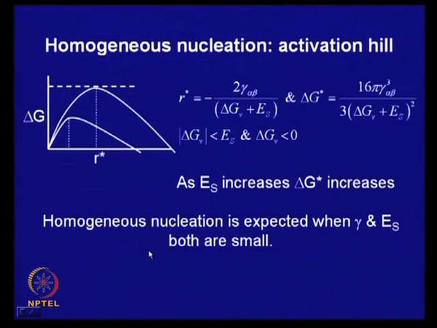So with alloy addition or alloy design, it is possible to change both the surface energy as well as the strain energy, and by controlling that we can promote homogeneous nucleation. Homogeneous nucleation will be promoted.